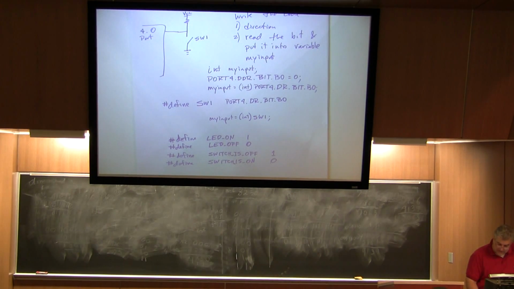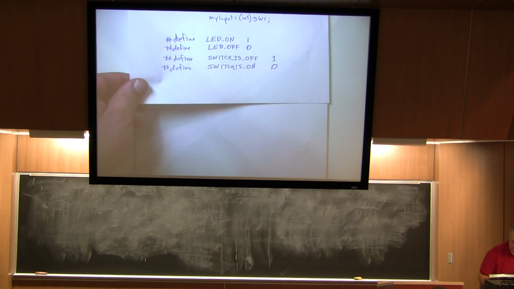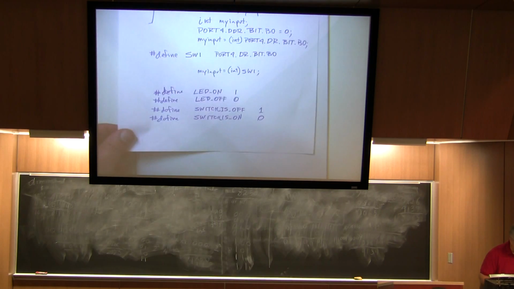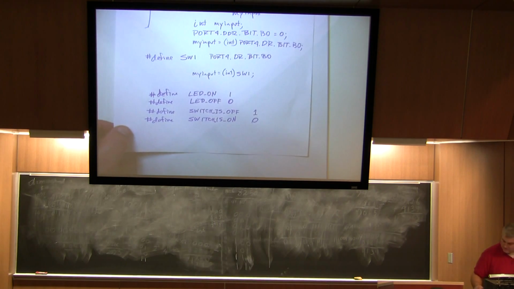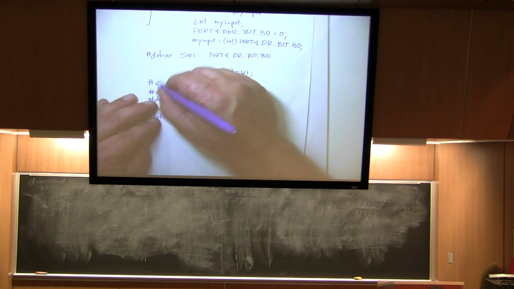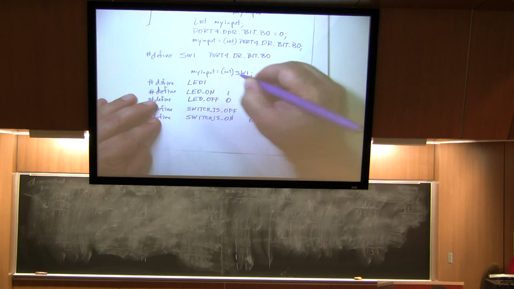So using that information, did we identify the switch, or did we identify the LED yet? Yeah, we did. So I'll just repeat it here, right? Pound define LED 1.